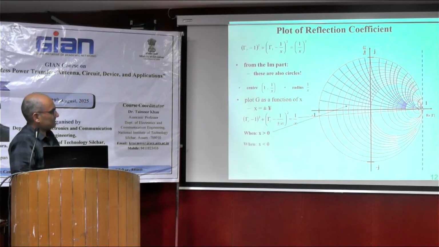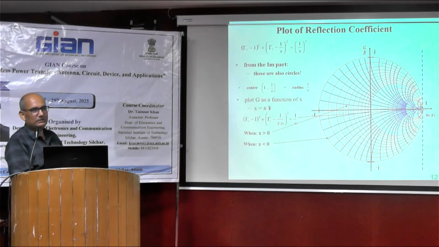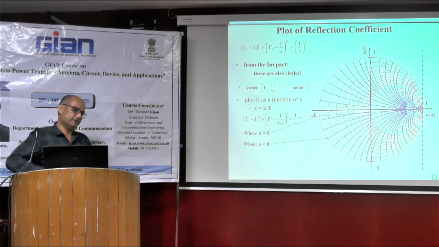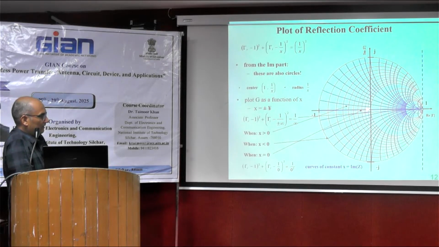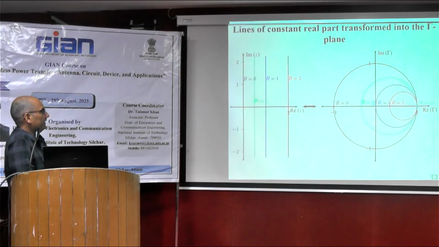For x less than 0, all circles will be on the bottom side. And x equal to 0 is this straight line. Then just see linear values of r, 0 to infinite, 0 to minus infinite. All the plus and minus x's are within this green circle.